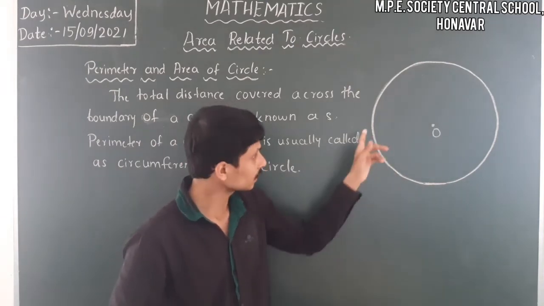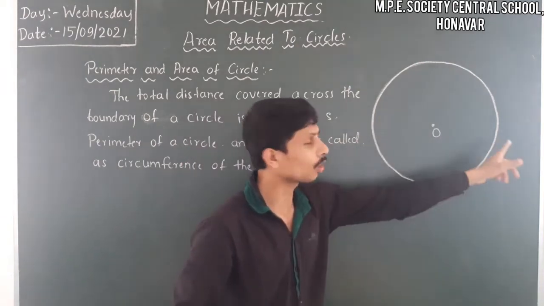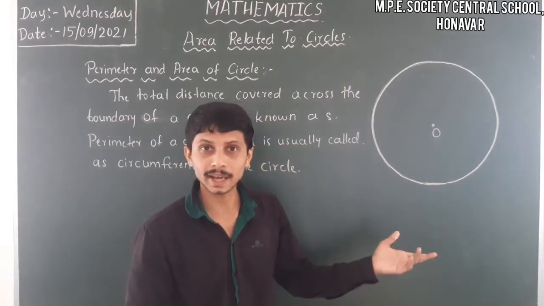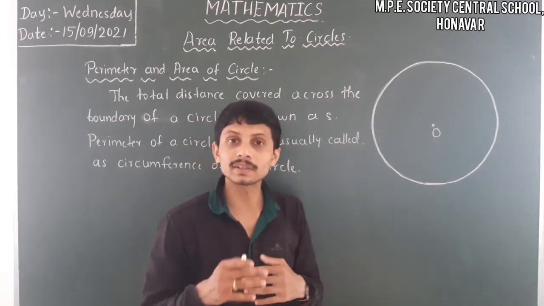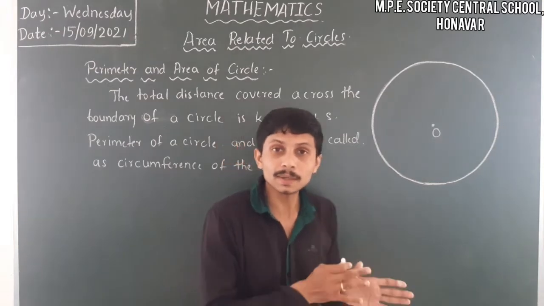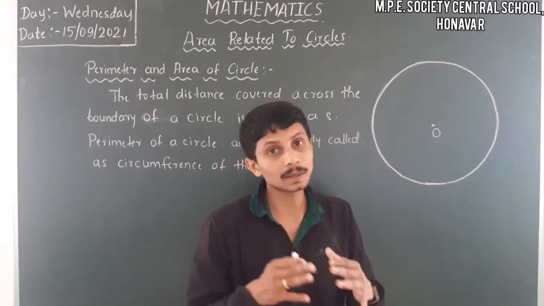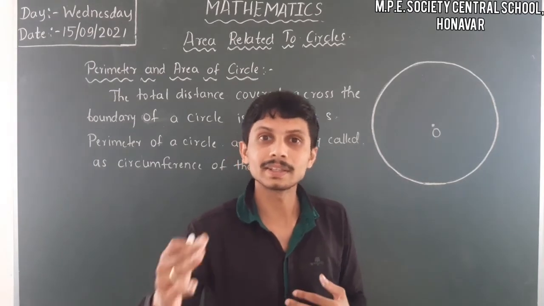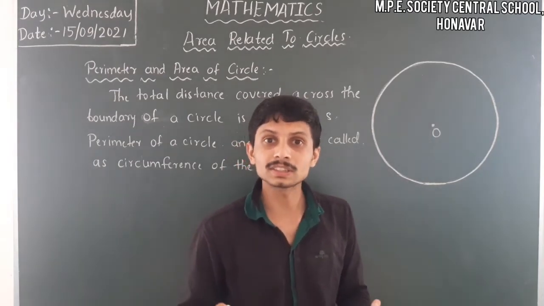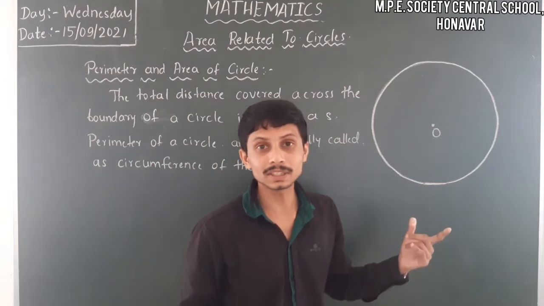There is one relationship between circumference and diameter: the ratio between circumference and diameter maintains a constant ratio. That is a new thing for us here.